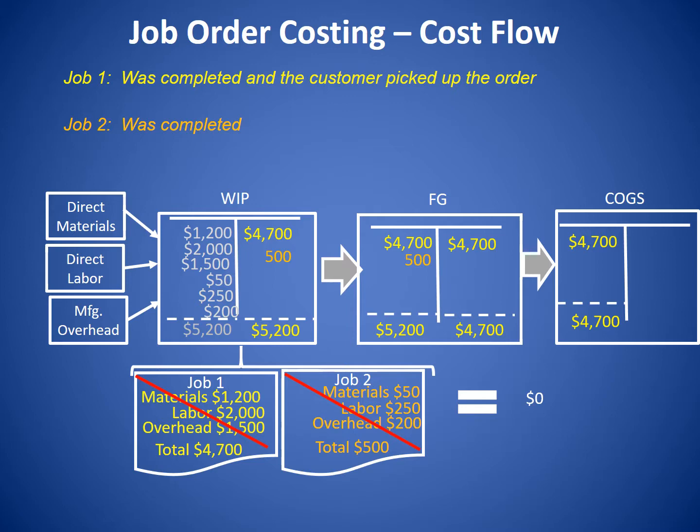Also, if you take a look at the 2 job sheets that were canceled out, we have 0 work in process on those job sheets. Now you'll notice that we do have an amount in finished goods, equal to a $500 debit, which represents job number 2 that's still under finished goods.